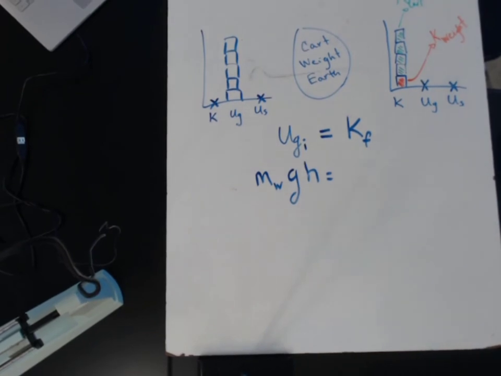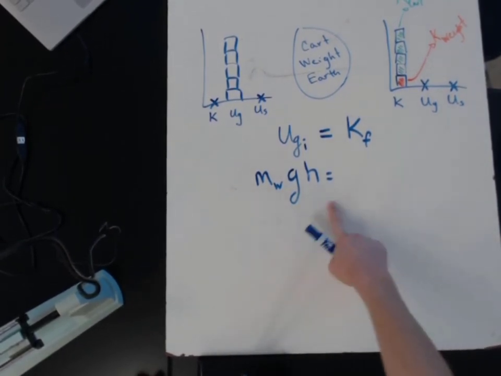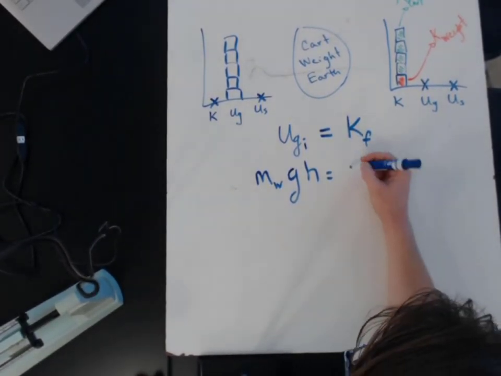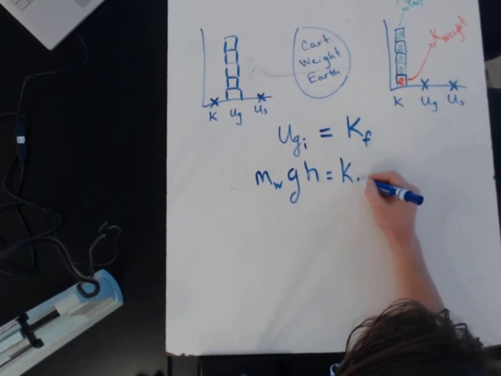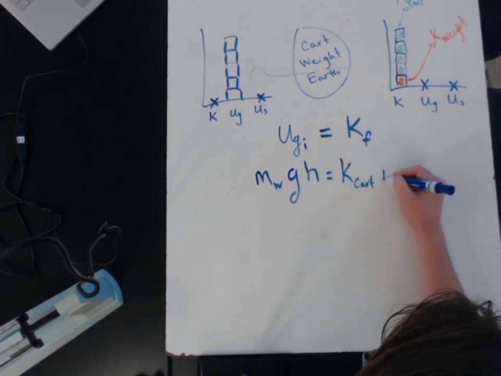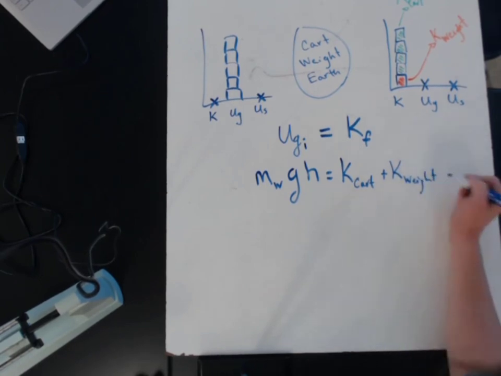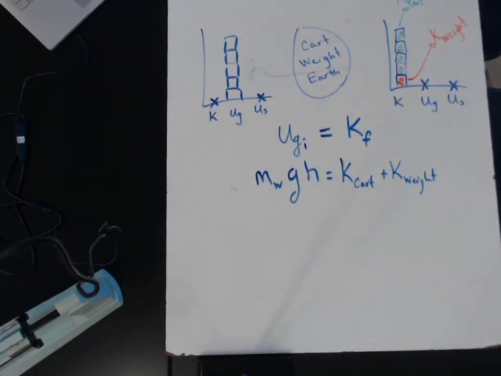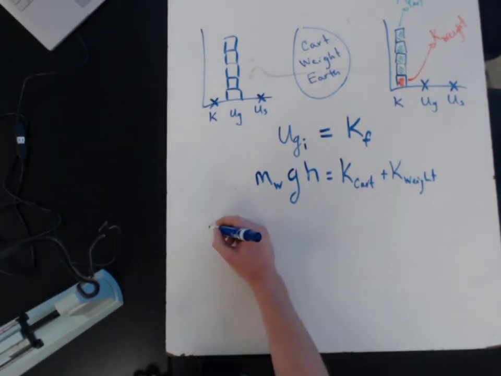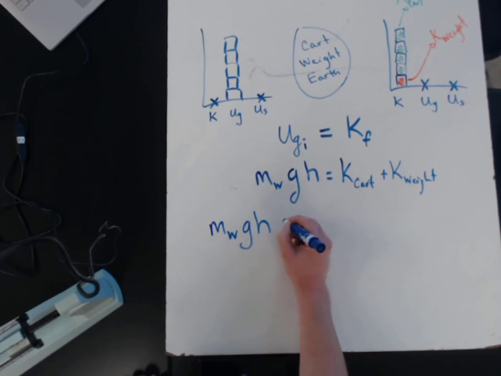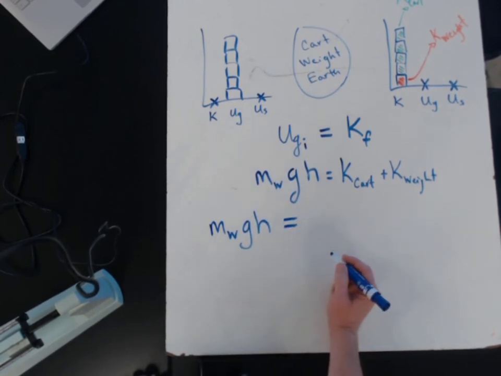Let's see where this takes us mathematically in this equation. We've got kinetic final. I need to write in the kinetic energy of my cart plus the kinetic energy of my weight. They both have kinetic energy. The left side of my equation is still the same. I get the mass of my weight times little g multiplied by the height, or vertical distance it travels.